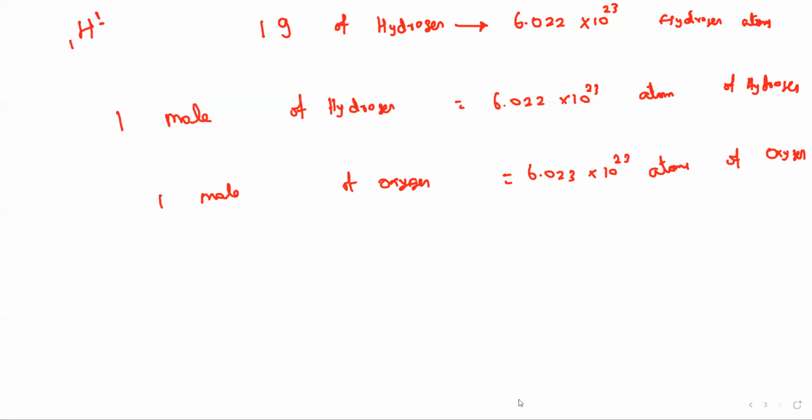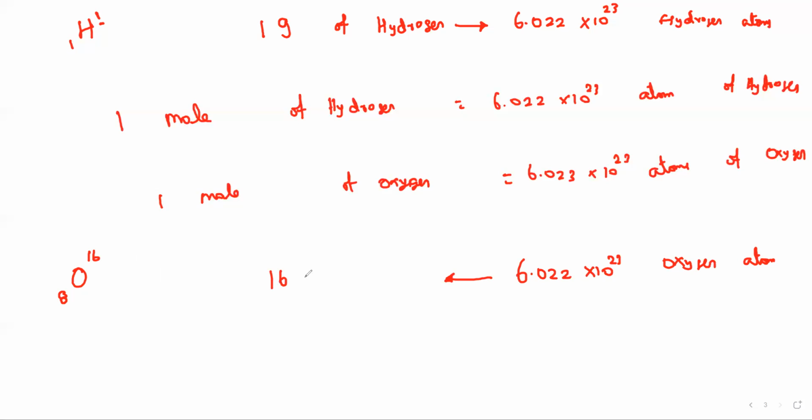Similar to that, take oxygen. The atomic number of oxygen is 8, mass number is 16. Now I want the same 6.022 into 10 to the power of 23 oxygen atoms. What is my requirement? To have the same number, how many grams should I take?